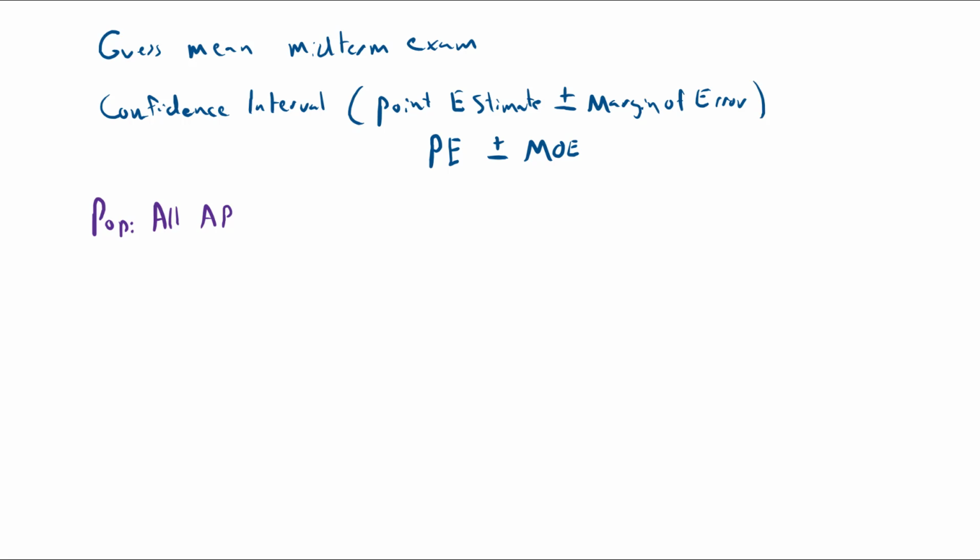So all AP midterm scores. Now, the sample we talked about doing was, again, I said we're going to take 5 test scores. We're going to pick 5 random scores to be able to try and calculate a mean for it. So, 5 midterm scores.